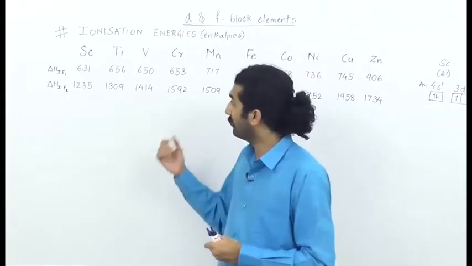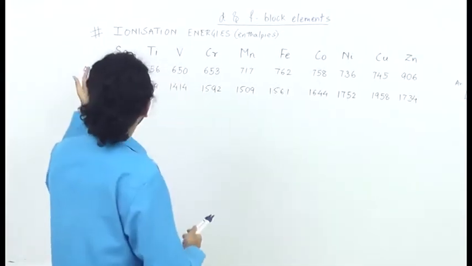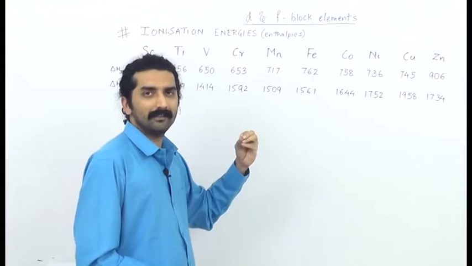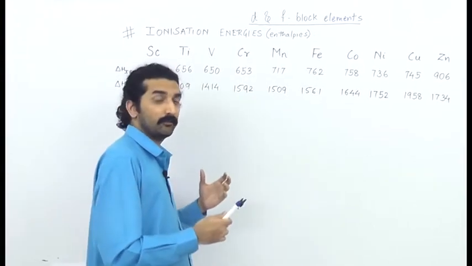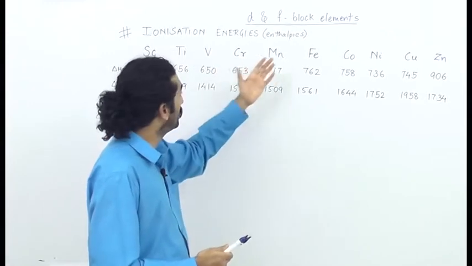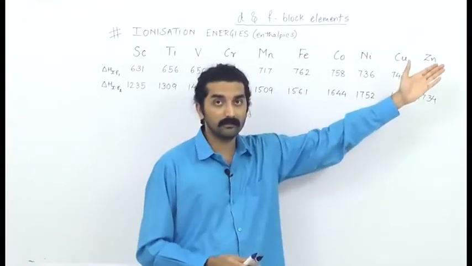As you can see, we have a list in front of us. As Salman sir must have clearly given you a note for remembering these elements, in case you are not used to remembering them: scandium, titanium, vanadium, chromium, manganese, iron, cobalt, nickel, copper and zinc.